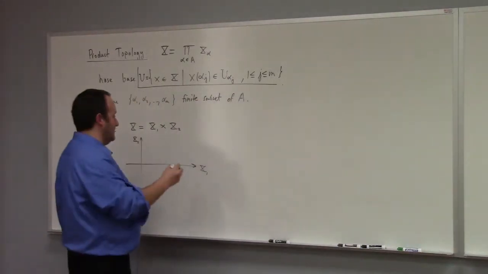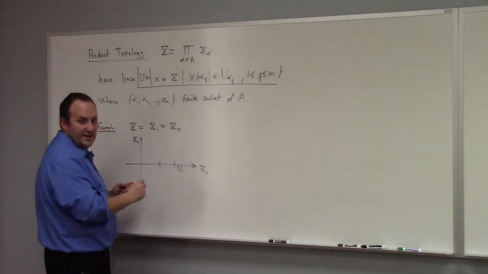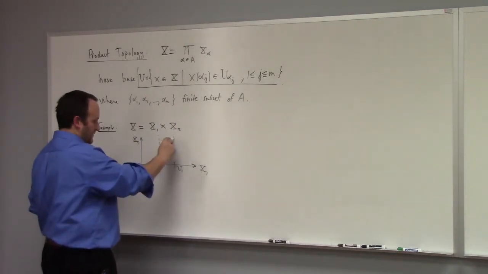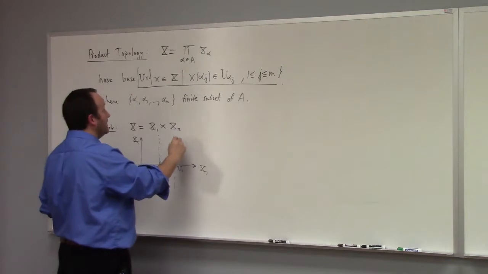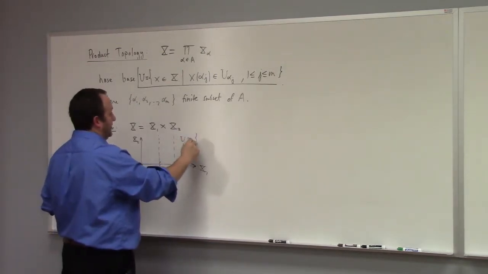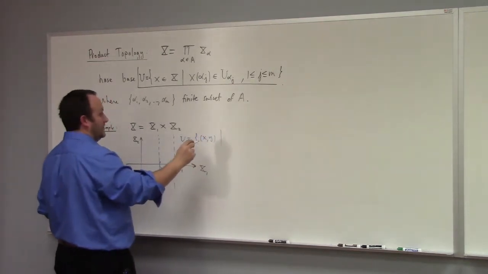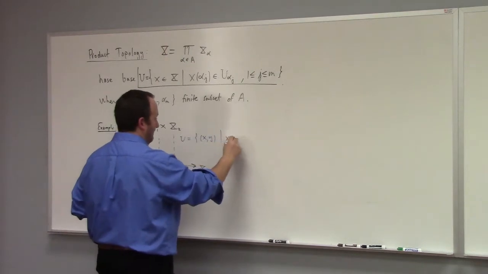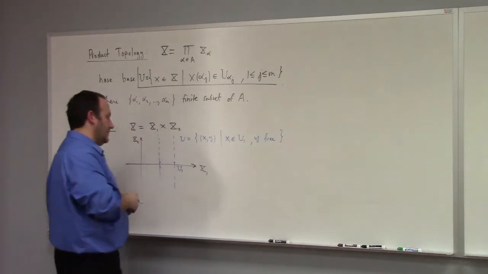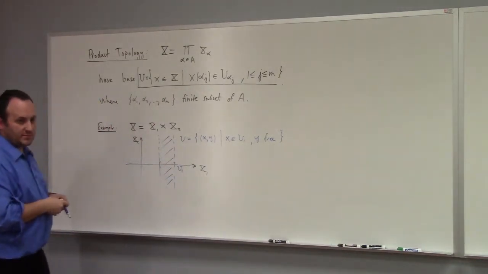So if this is U1 open in X, then this is something like the set of (x, y) such that x is in U1, y free. So that's something in the basis, right?